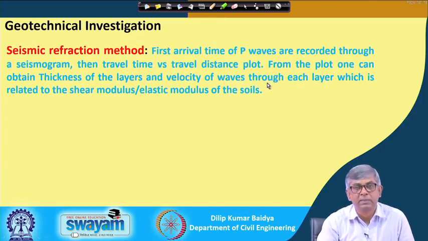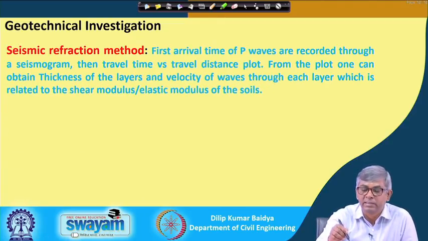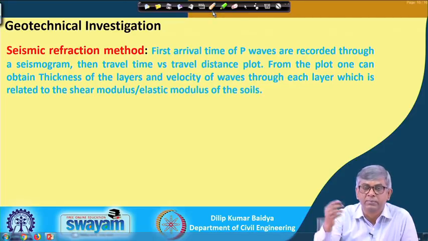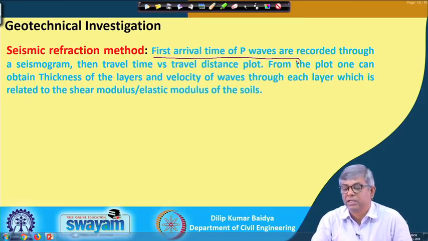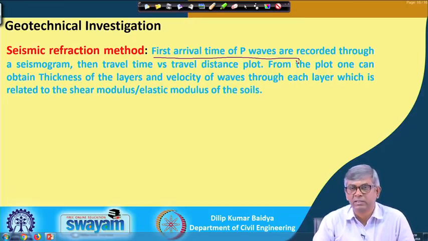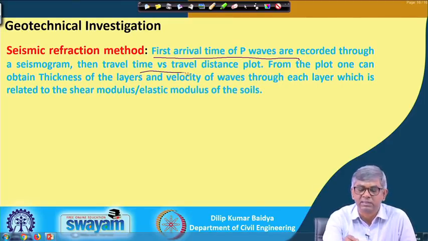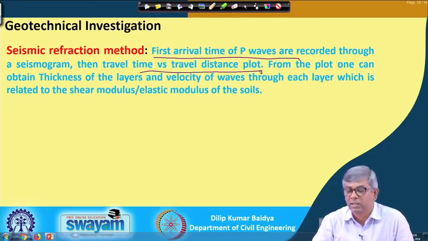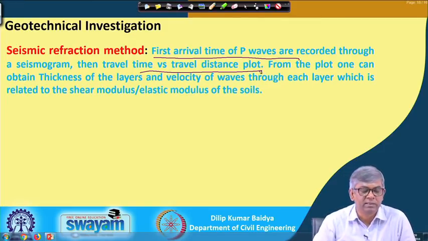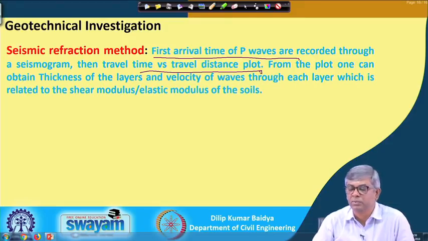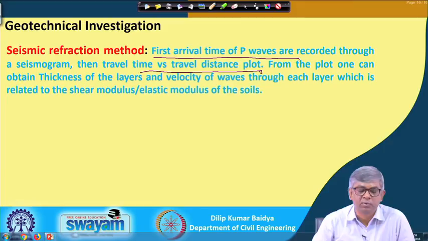So, the seismic diffraction method. In this, a number of waves will be coming, and the first arrival time of the P waves is recorded. That is the most important thing in the instrument arrangement. The P waves first arrive and are recorded in the seismogram, and then a travel time versus travel distance plot is made. From the plot one can obtain the thickness of the layers and the velocity of waves through each layer, which is related to the shear modulus and elastic modulus of the soil.